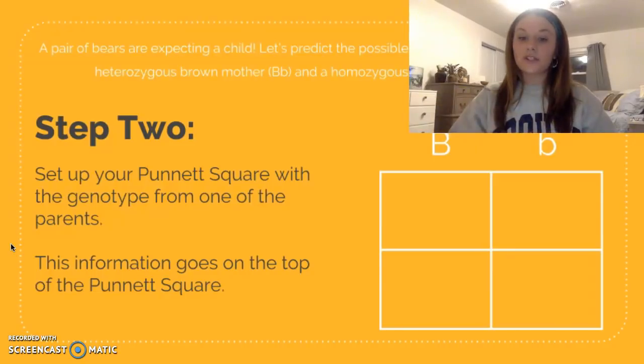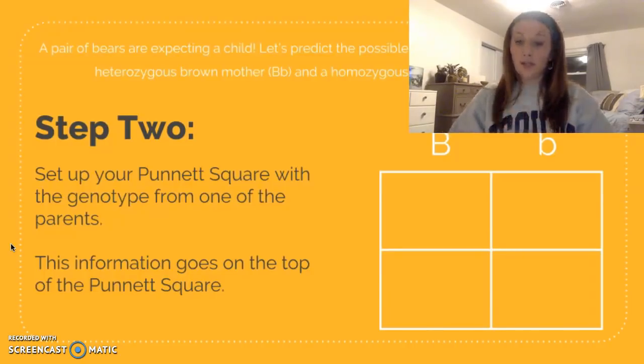And you can see it here on the slide, capital B, lowercase b. And we simply got that from the heterozygous mother, and we got that information from the problem. So we're just taking it, we're splitting it up into two and putting it on the top of our Punnett square.